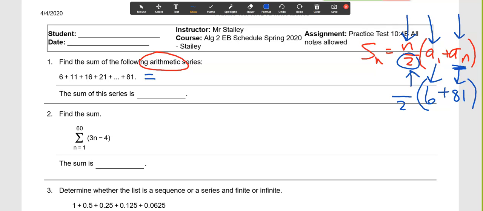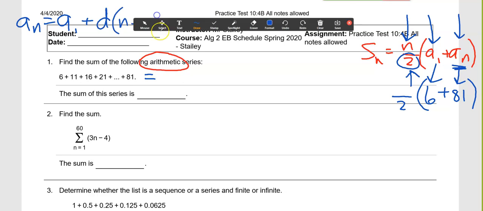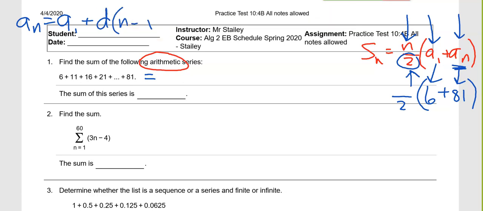This is when I showed you in your notes how you would use the sequence formula, a sub 1 plus d times n minus 1. So we had to use 6 plus, now what's the common difference between the terms?